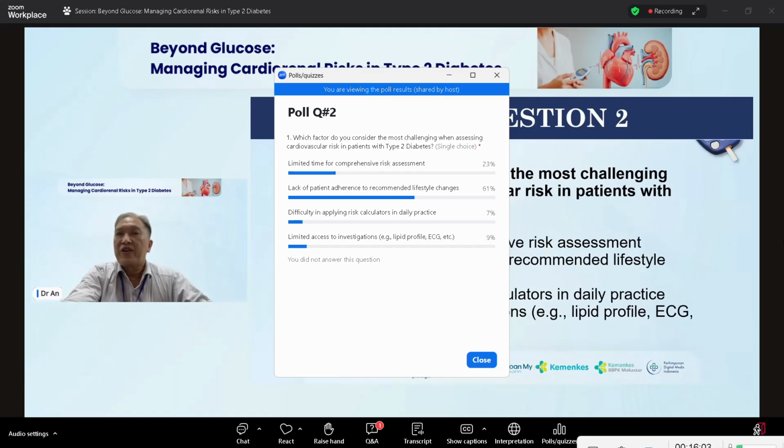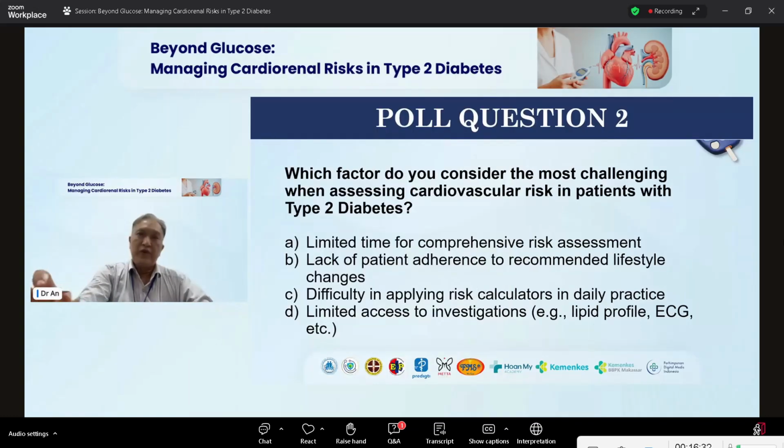It's reasonable for all, most of all in low middle income countries with very crowded patients every day. And the last one is the limited access to investigation, only 9%. And the lowest is the difficulty in applying risk calculators in daily practice, 7%. Two of them will be a barrier for our work.